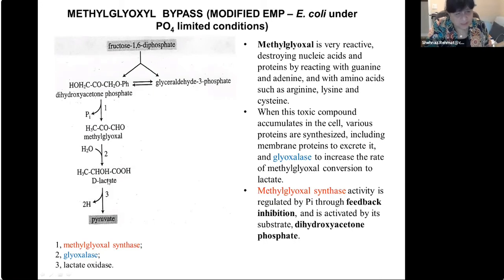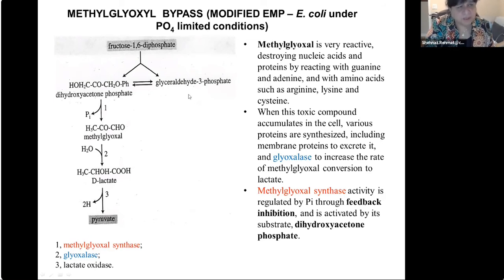So this is still a glycolysis pathway because it is ending up in pyruvate, but one of the intermediates in this is very reactive, and it has to be quickly converted into lactate and pyruvate, or it has to be excreted out of the cell.